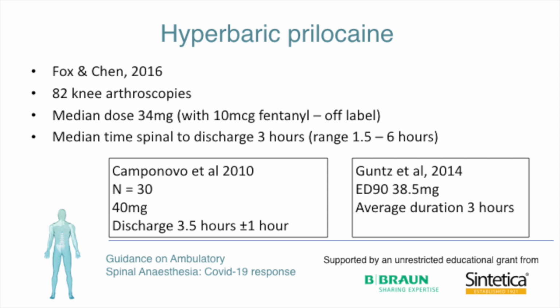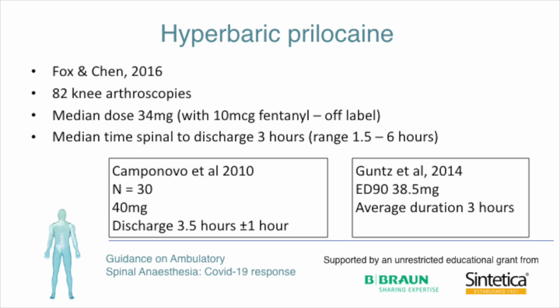And it almost follows our data as well. Now, this is a really lovely paper by Emmanuel Guntz and colleagues, and they did a study for the ED50 and ED90 of heavy prilocaine for knee arthroscopy. And they found the ED90 was 38.5 milligrams. And in the second part of their study, they used 40 milligrams of heavy prilocaine all by itself. And they found 2 things.